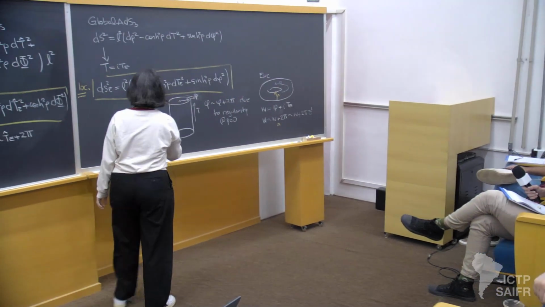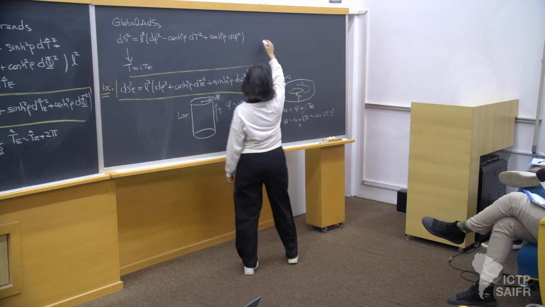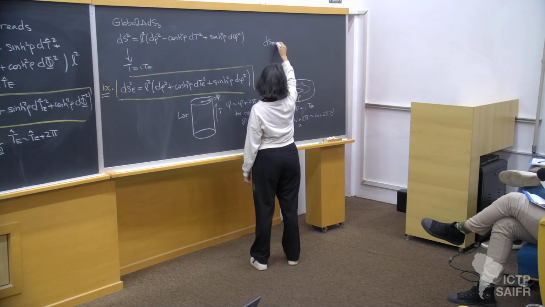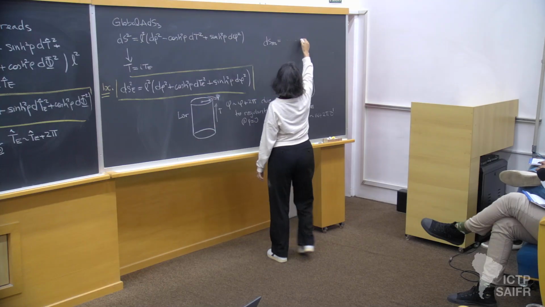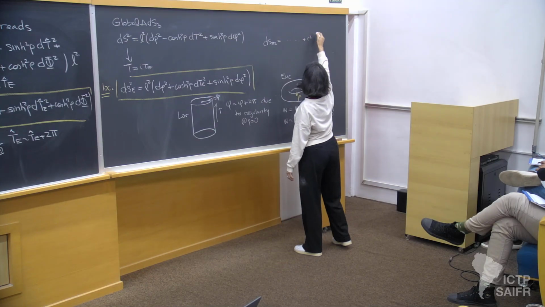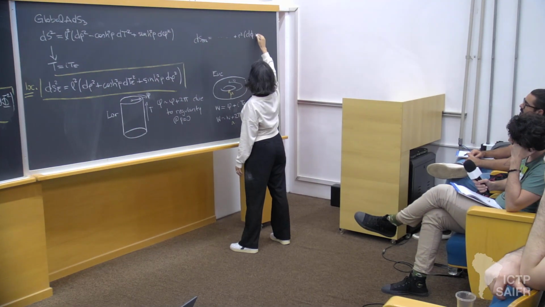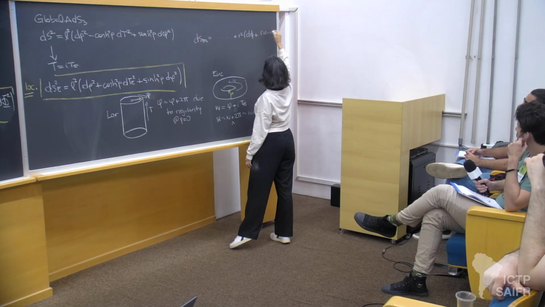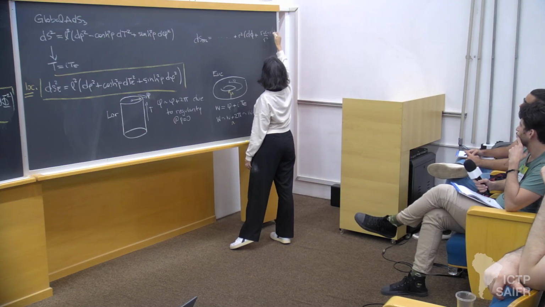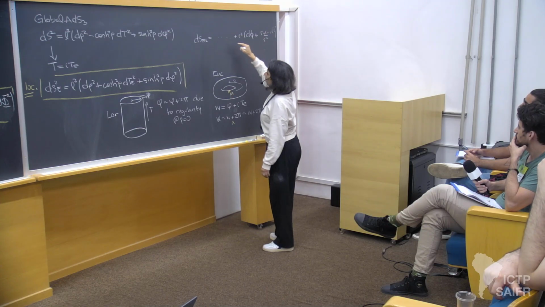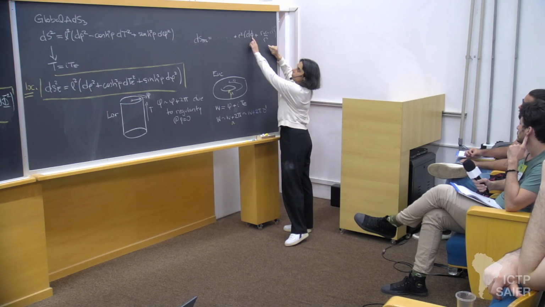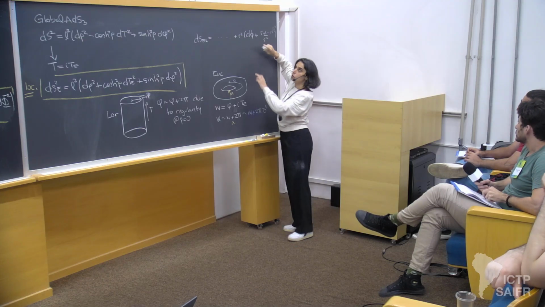In the BTZ line element, when I go to R+, the size of the phi circle is multiplied by R squared.